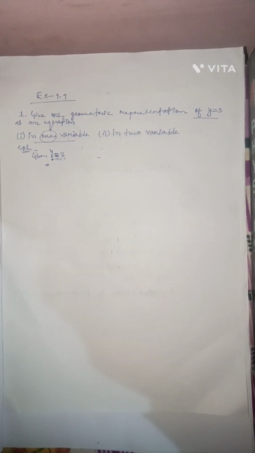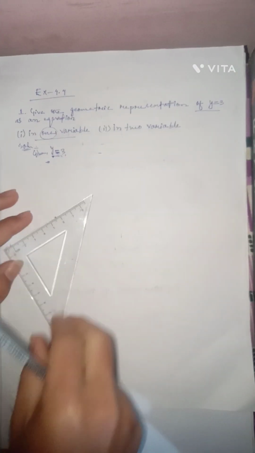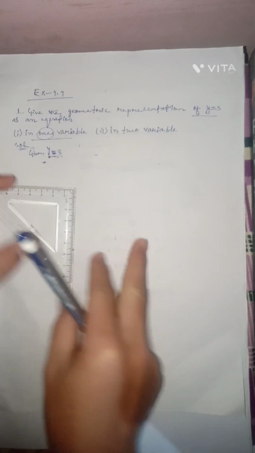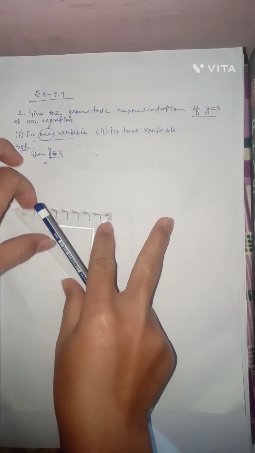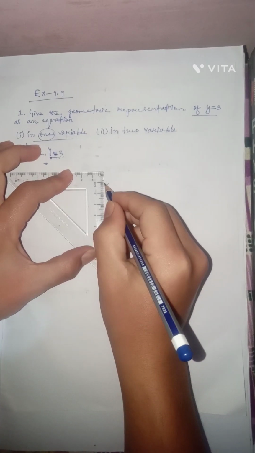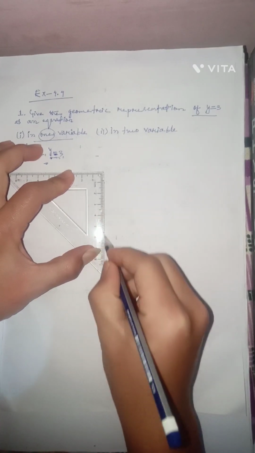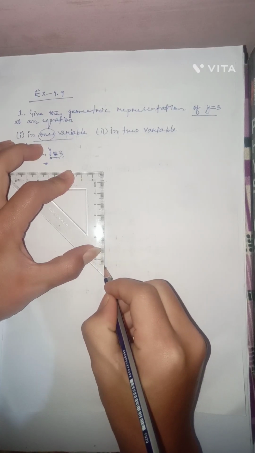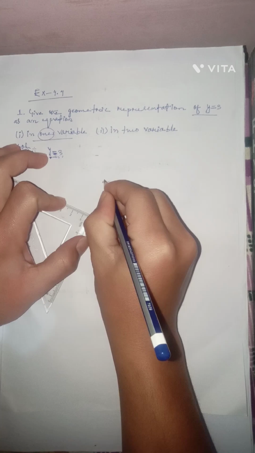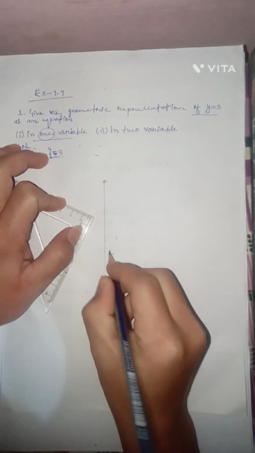All right, now let me represent this. In order to represent this, let me use this as a scale. As it is y equal to 3, let us take the y-axis.